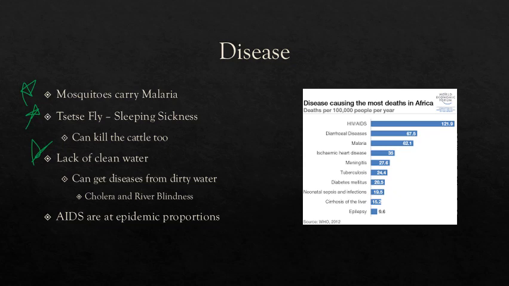However, the biggest problem really comes from a non-environmental disease, and that is AIDS. Okay, AIDS is at an epidemic proportion. If we think about the numbers in the United States, about 0.6% of the people in America are HIV positive, have AIDS. In Somalia, it's almost 2 times as much at 1%.